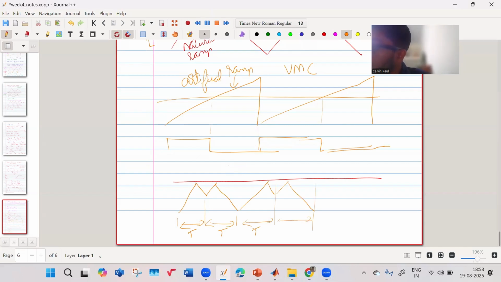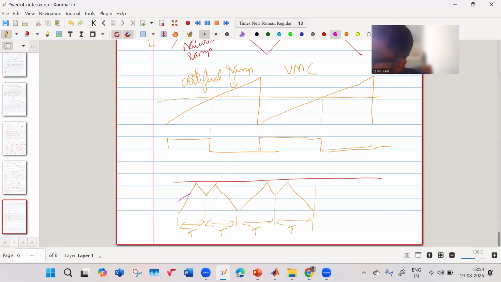Okay. So this is the subharmonic instability. It could be like this, it could be worse, it could be different. That depends on various parameters. Now, ideally how your current will look would be like this.